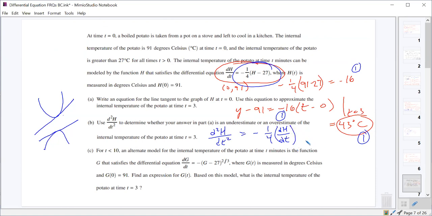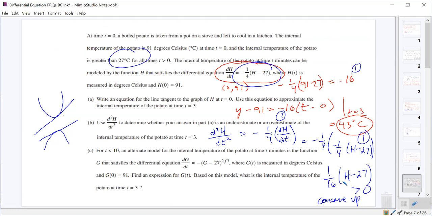So we've got negative 1/4 dH dt, which, if I multiply negative 1/4 by dH dt, is positive 1/16 times H minus 27. Since H is always greater than 27, this is always greater than 0. If the second derivative is greater than 0, we know it's concave up. And if it's concave up, we know it ought to be an underestimate.